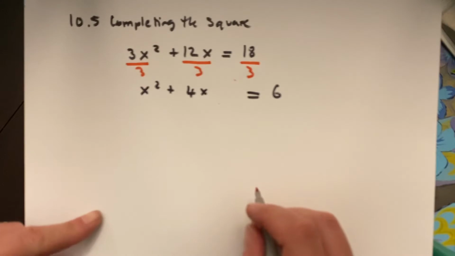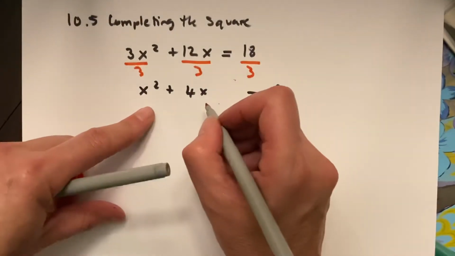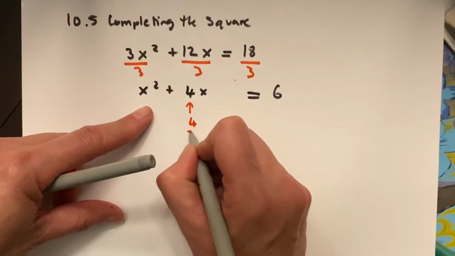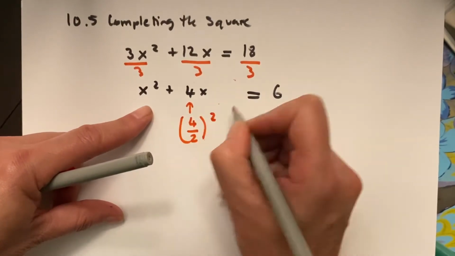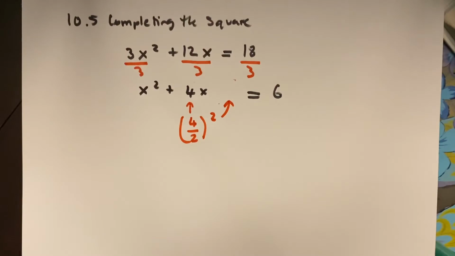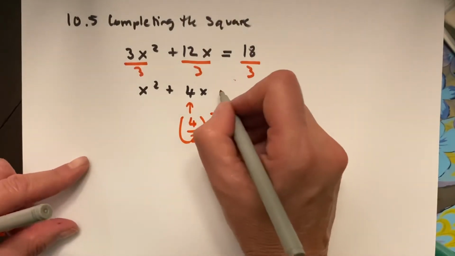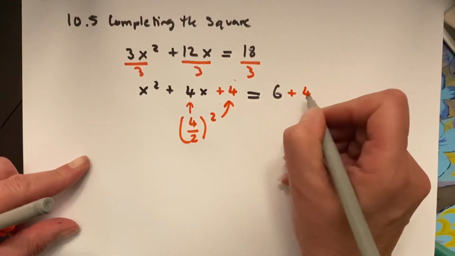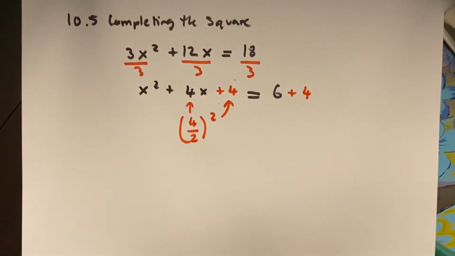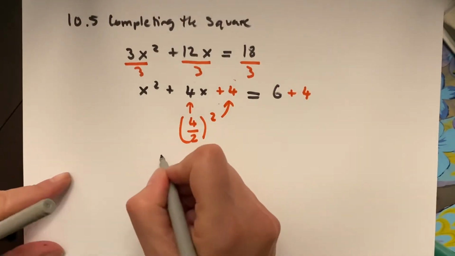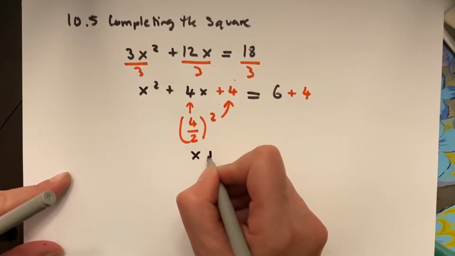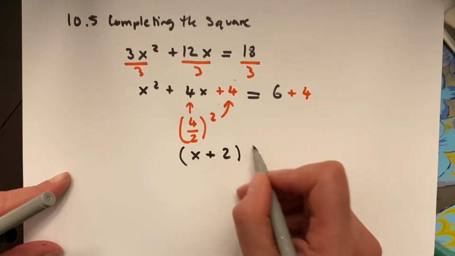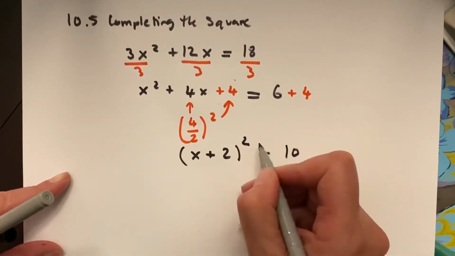All right, now I can start completing my square, and I'm going to take my b value here, which is 4. I'm going to divide by 2 and square it to put as my c value here, which is going to be 4. Whatever I do to this side, I must do to this side. And I end up with x plus 2 squared equals 10.